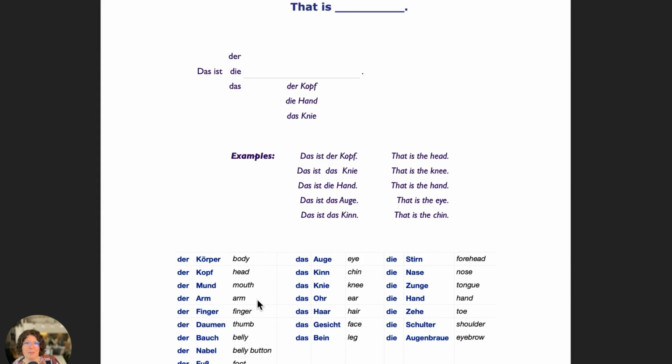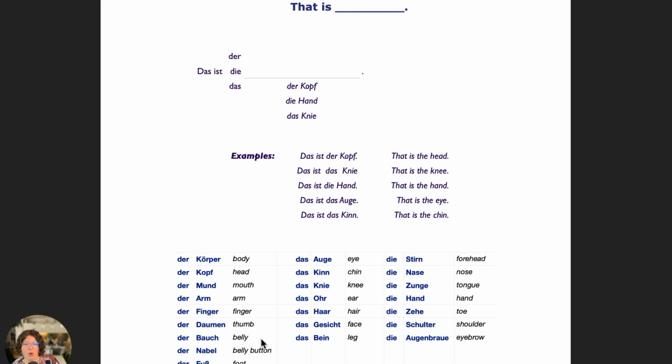Das ist der Arm. That is the arm. Das ist der Arm. Das ist der Finger. That is the finger. Das ist der Finger. That is the thumb. Das ist der Daumen.